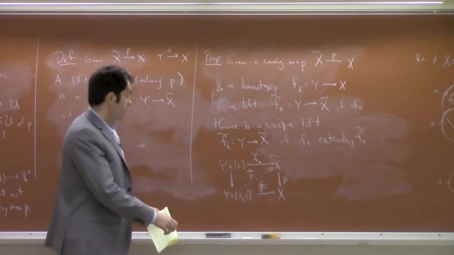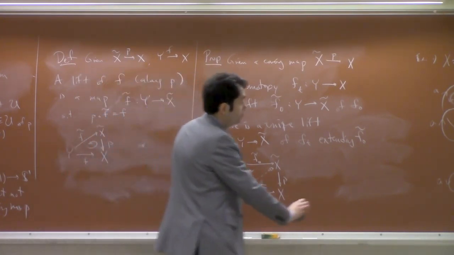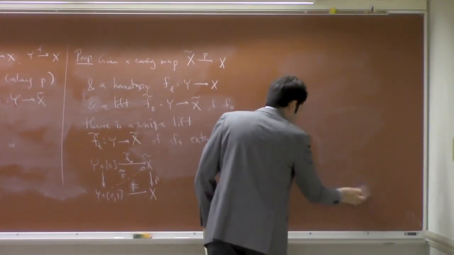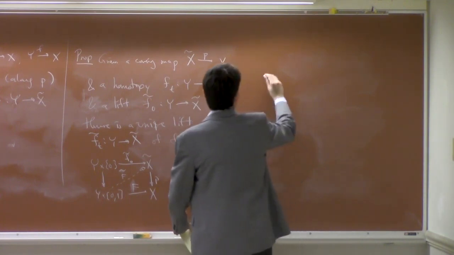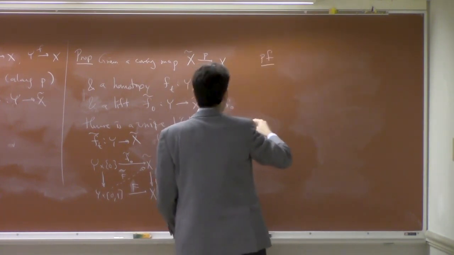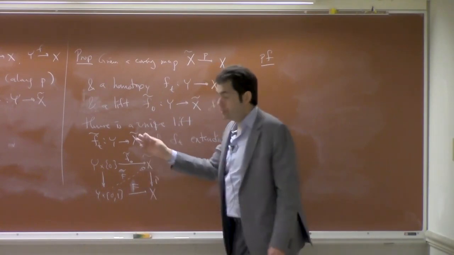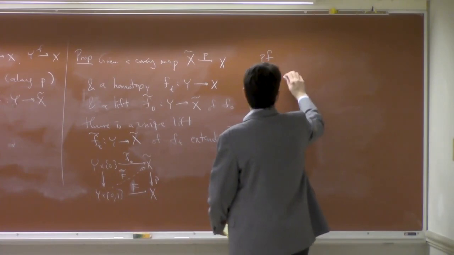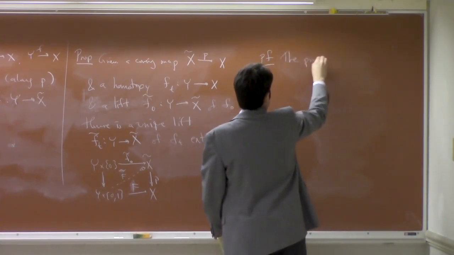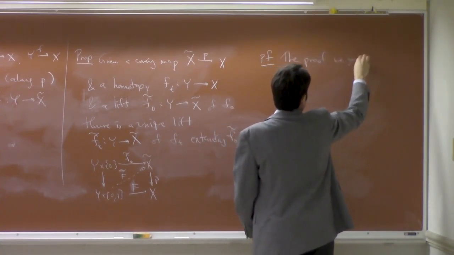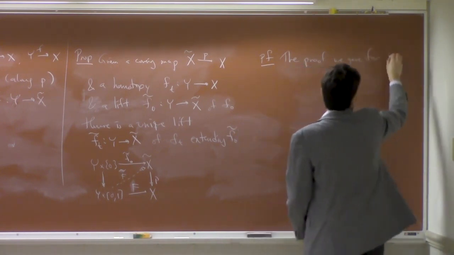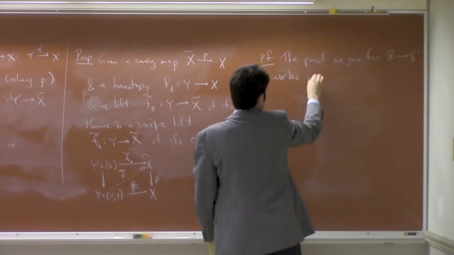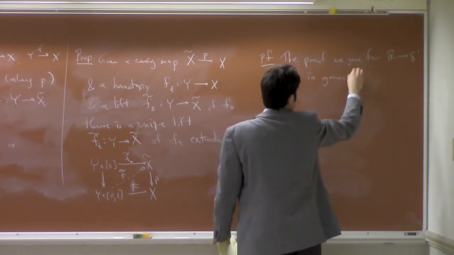Okay, so if you look back to the case of the circle, we were careful when we proved it to give a proof that only assumed the properties that a general covering map has. So we've already proven this. So the proof we gave for the covering of the circle works in general.